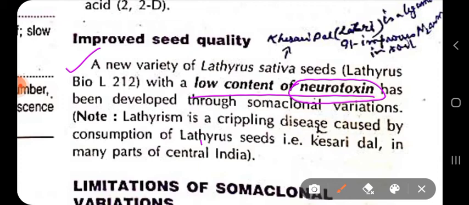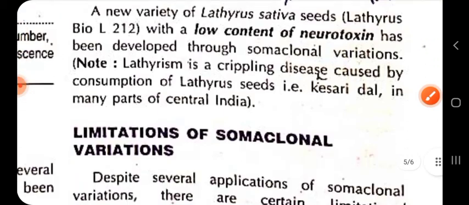Mostly in central part of India, this type of seeds are still being eaten. So for that reason, scientists have tried to improve the variety of these Lathyrus sativa seeds by lowering the neurotoxin content in them. Okay, and thus it's a good thing. We can use them now in our normal consumption as a food all over India.